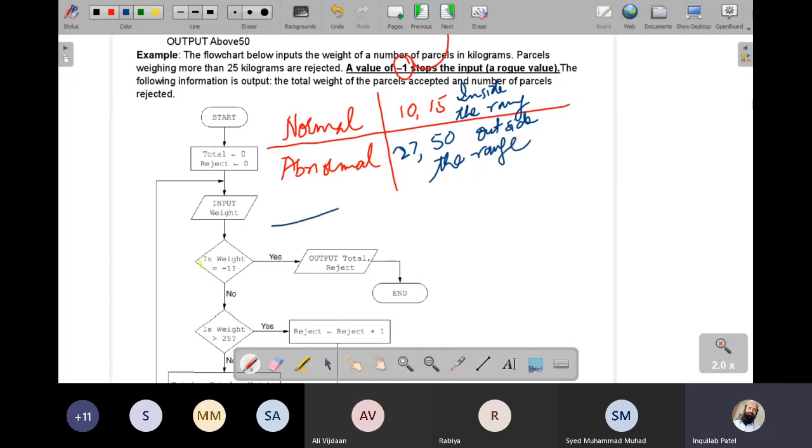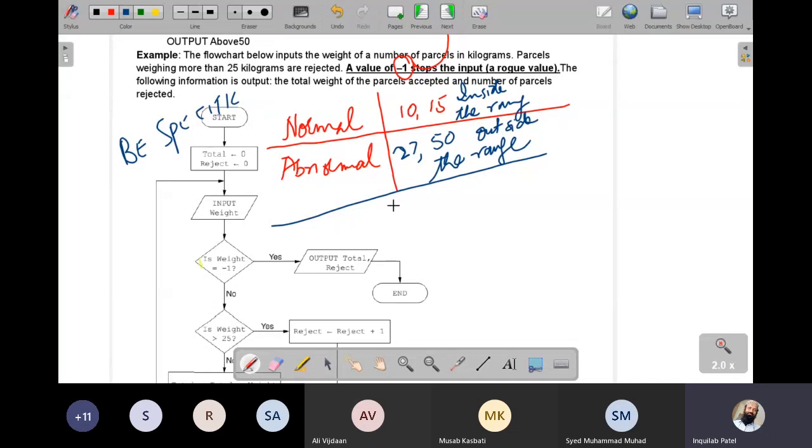Now, sir, can a negative value come in this? It will be better that you do not use the negative value, because the minimum value is not given. A negative value may be possible, but it will be better that you be specific to the question, right?